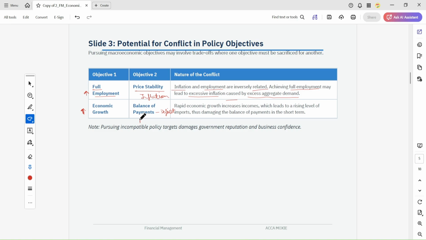It means that your import is higher than your country's export. Okay, so that is balance of payment deficit. So why does an increase in economy create the balance of payment deficit? Because when the economy increases, aggregate demand will increase.